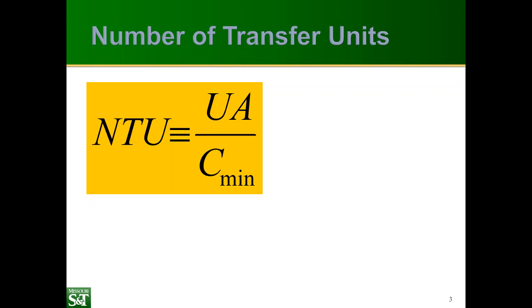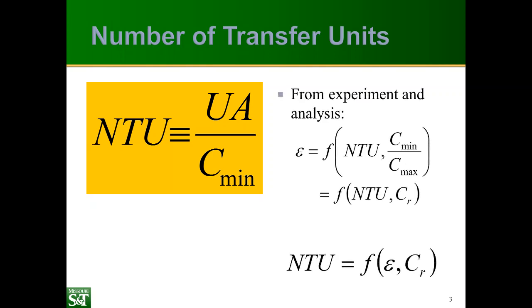Now, from experiment and analysis, we know that there's a relationship between effectiveness and the number of transfer units, as well as the heat capacities, in this case the heat capacity ratio. And we can use that. Now, we also have to make a note that the heat capacity ratio is C min over C max. So it should always be between 0 and 1, because it's always minimum over maximum.